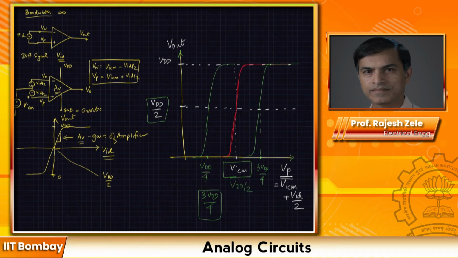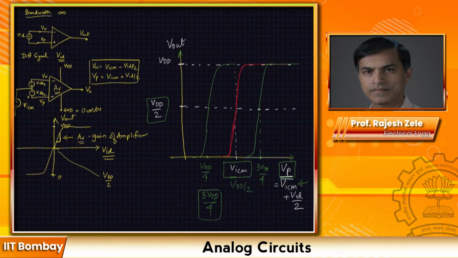For some of you it might be a little bit confusing in the beginning, but what I'm trying to explain is we are plotting the voltage at Vp, which is VICM plus VID by 2. When VICM is fixed, that means the VID is the one that is changing.